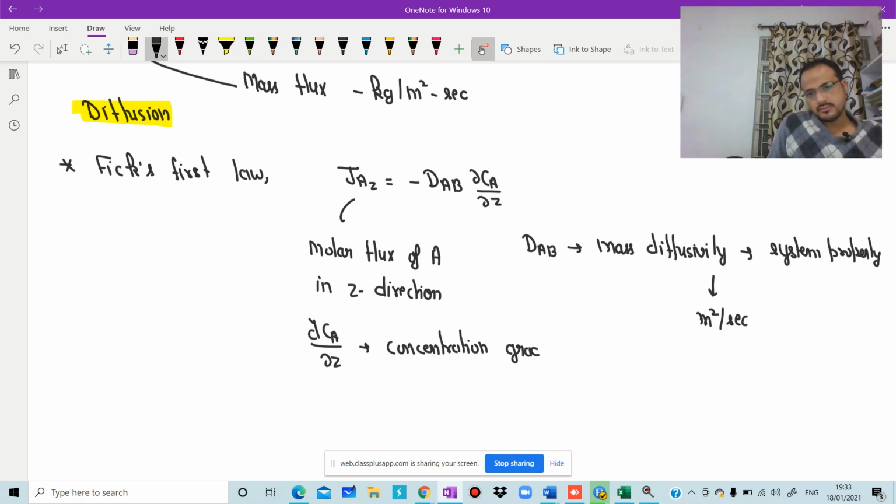This negative sign signifies that concentration goes from higher to lower. Less minus more will be negative, and the value of JAZ will be a positive quantity, so to compensate that effect, we need to put a negative sign.